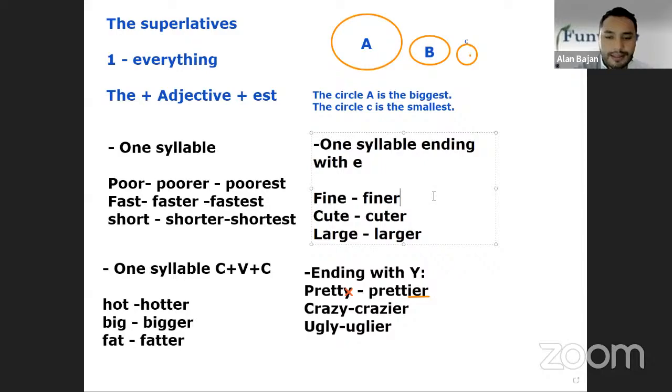One syllable ending with E, fine, the finest. Cute, the cutest. I only add the letter S and the letter T to the adjective. Large, larger, the largest.